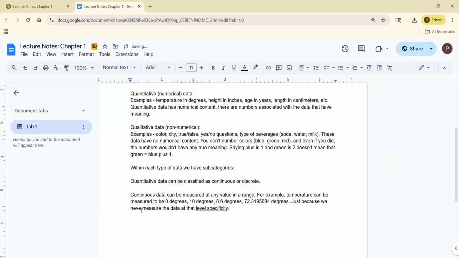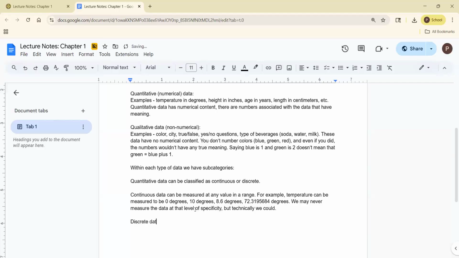Or I should say, we may never measure the data at that level of specificity, but technically we could.